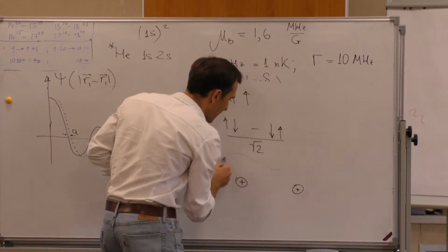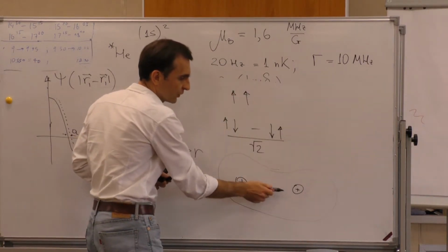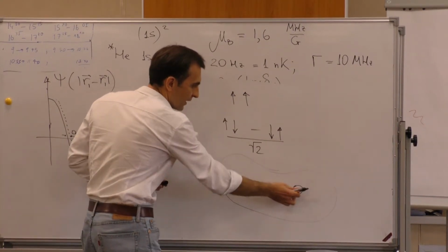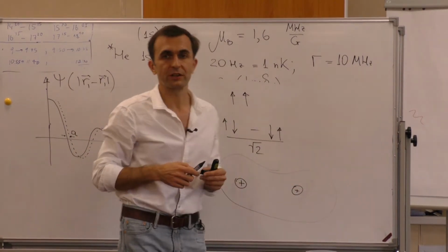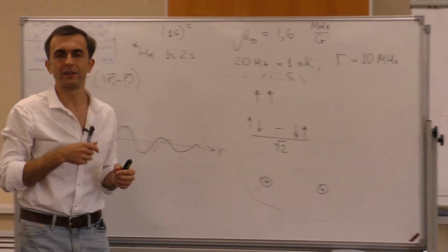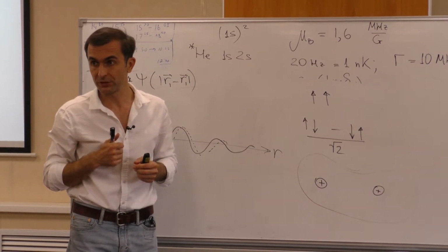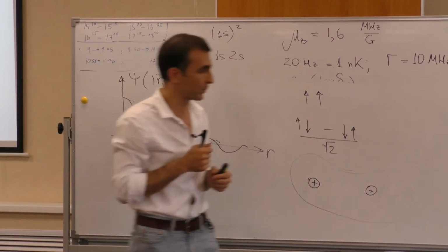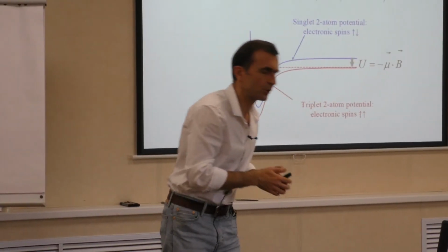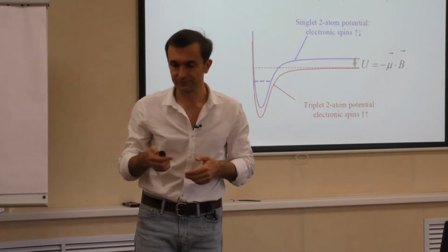They are only somehow orbiting around. It means if electrons are not here in the middle, they cannot screen these two ions from repulsion. It means the triplet potential is shallower than the singlet potential. And what's even more important, for the triplet potential, you can tune the zero energy level.